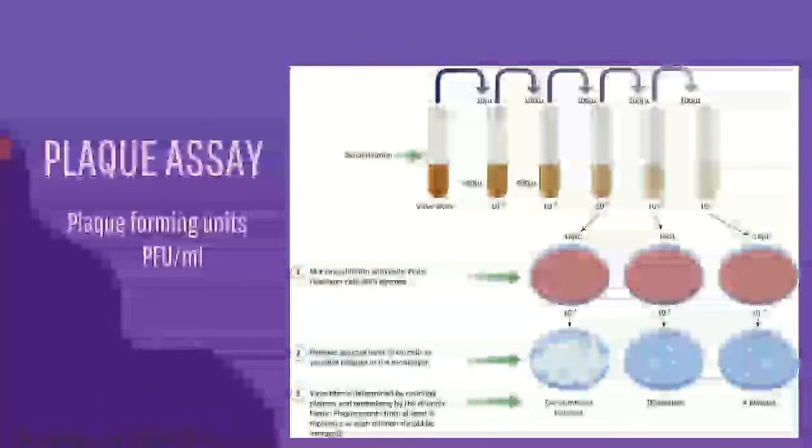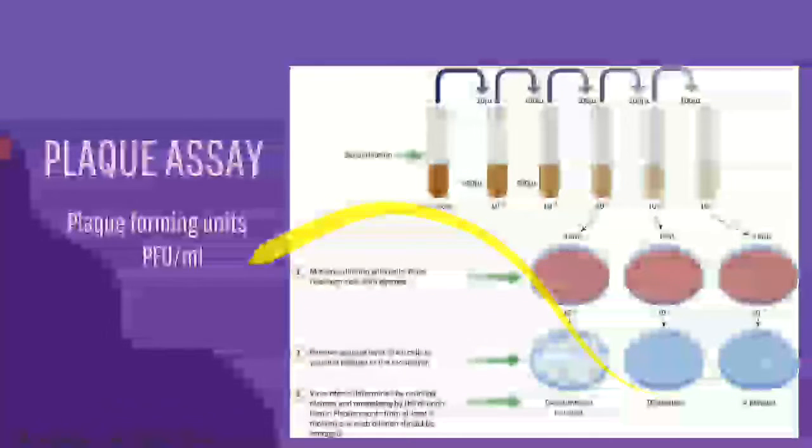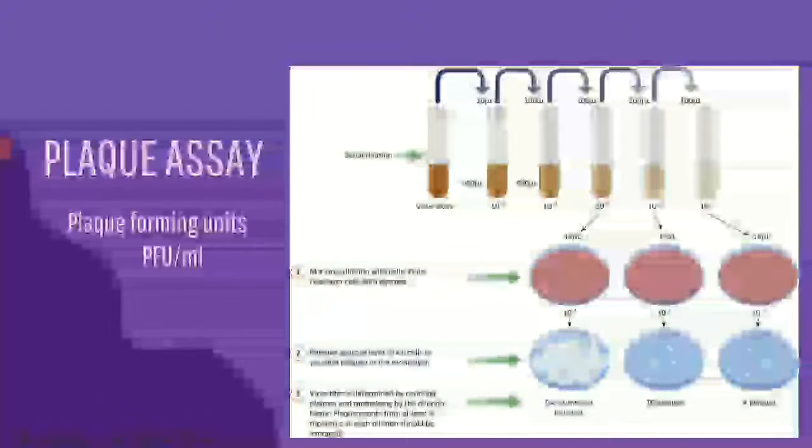So counting the number of plaques helps us find out the plaque forming units, something very similar to the colony forming units that we have for bacteria. Using that, we will be able to find out how many viruses there are per ml of a sample.